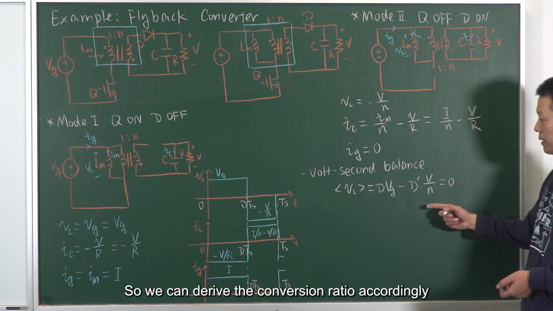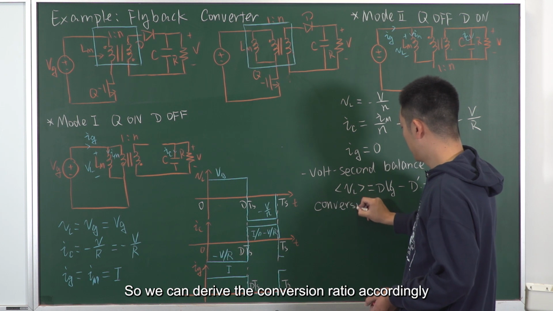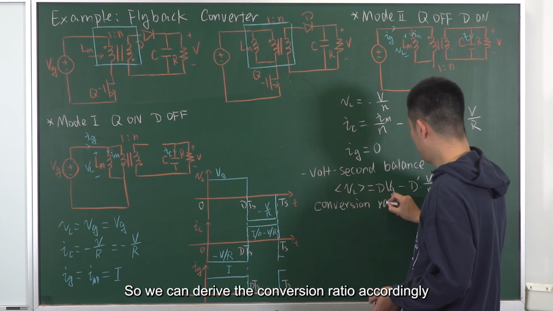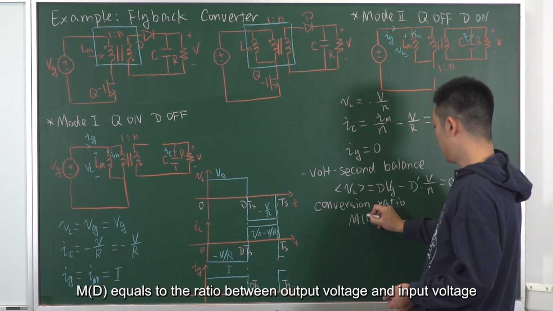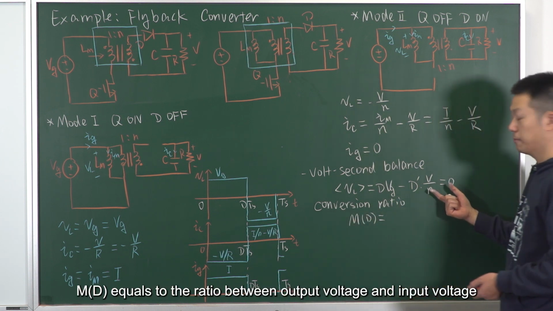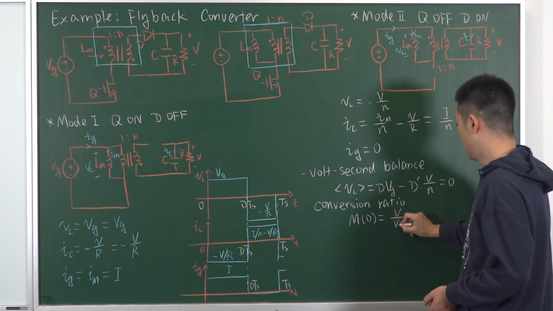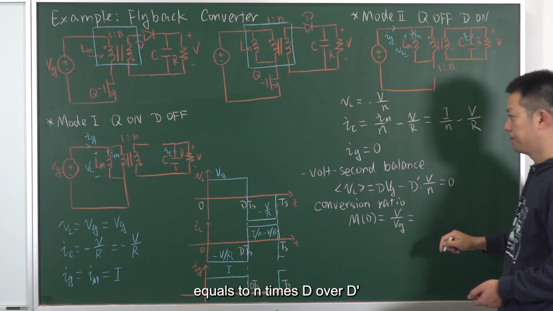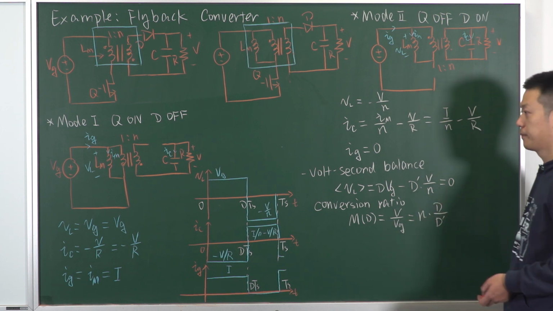So we can derive the conversion ratio, M of D, which equals the ratio between output voltage and input voltage, equals N times D over D prime.